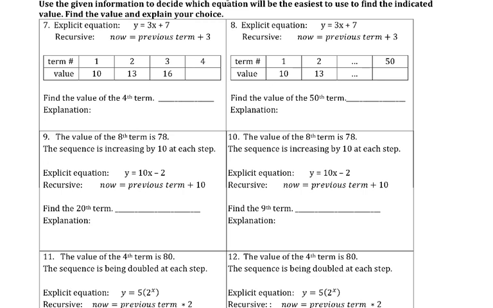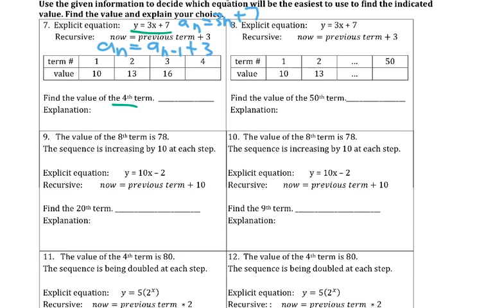We could rewrite these explicit equations as a sub n equals 3n plus 7, and the recursive would be a sub n equals a sub n minus 1 plus 3. You can rearrange them if you want, but you don't have to. So this first one, we've got an explicit equation, y equals 3x plus 7. We've got our recursive, a sub n equals a sub n minus 1 plus 3.